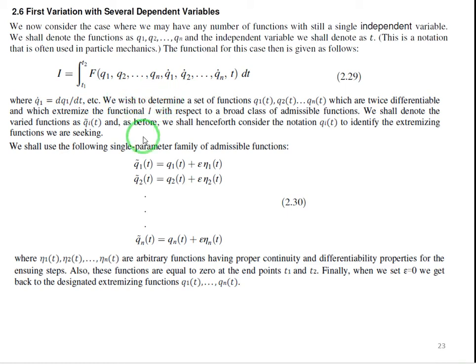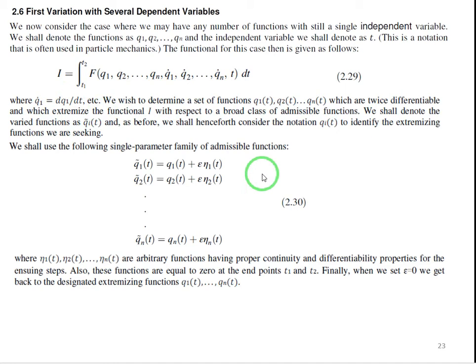We are going to determine a set of unknown functions q1 to qn, which are certainly twice differentiable. To have a second order differential equation, these functions must be twice differentiable, and with these functions we are going to extremize the amount of functional I.